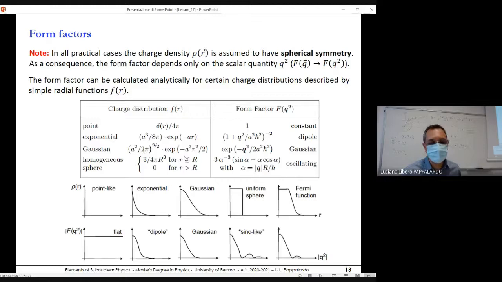If it is Gaussian, and you calculate the Fourier transform, you get again a Gaussian, but with a different width. If it is a homogeneous sphere, a very sharp sphere, then you obtain some oscillating behavior, etc. So through the Fourier transform there is indeed a connection between the analytical shape of your distribution, so your model, and what you can actually measure, and vice versa.